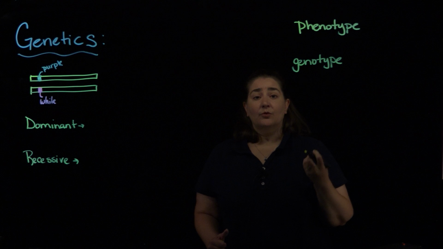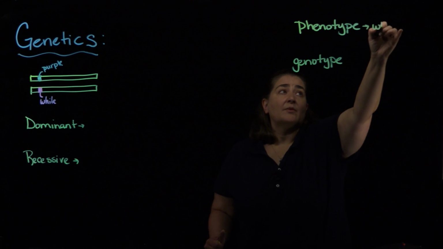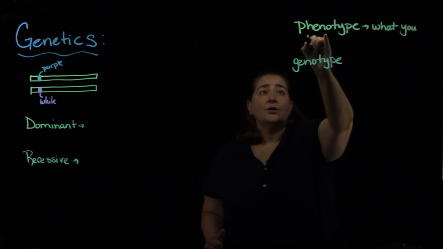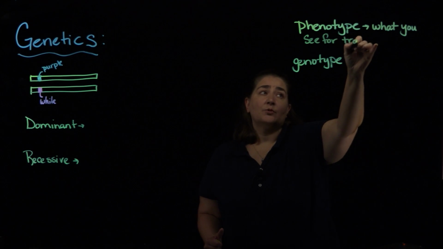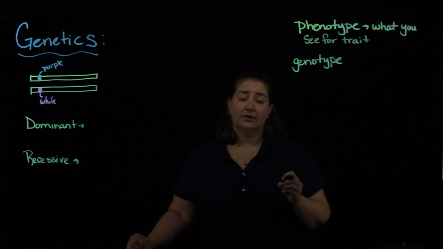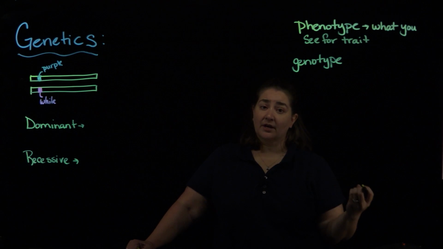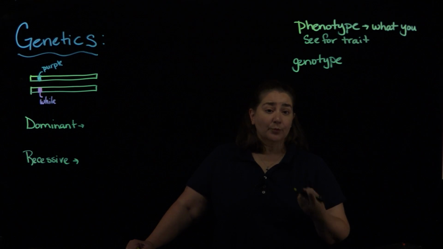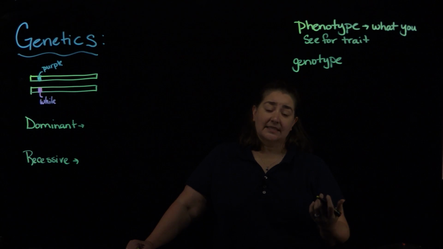When we're talking about phenotype, we're talking about what you see associated with the particular trait. So a phenotype can be eye color, brown eyes versus blue eyes. A phenotype can be flower color, purple versus white. It's something that you physically see.